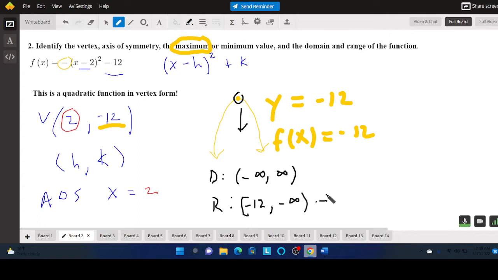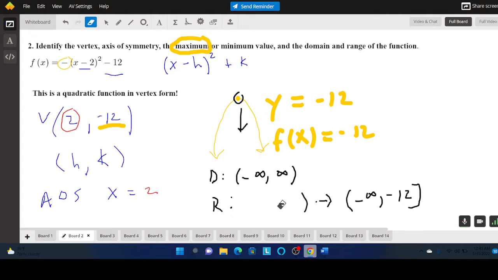And let's switch that in the order. Negative infinity to negative 12 for the range. Again, it includes negative 12 at the maximum.